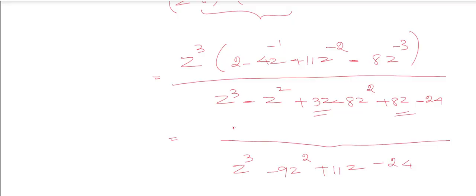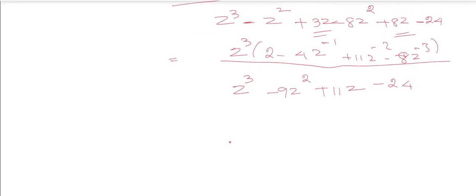So the numerator terms are z cube. Let it be z cube. We'll write it as z cube into 2 minus 4 z inverse plus 11 z minus 2 plus minus 8 z minus 3. Now again you can simplify the denominator term.